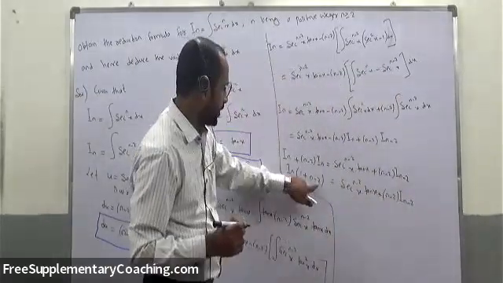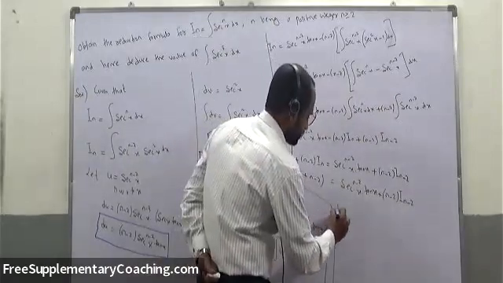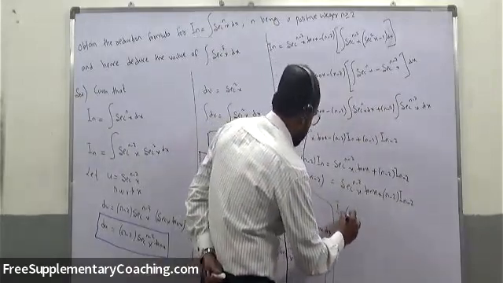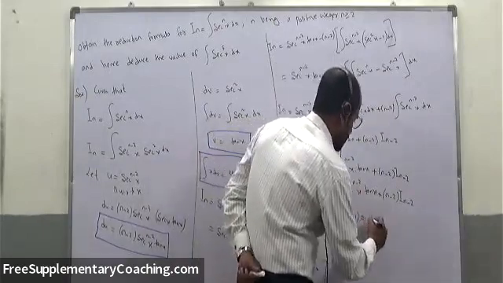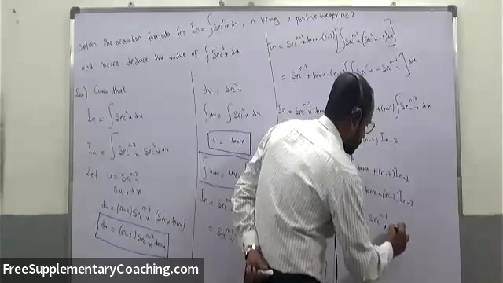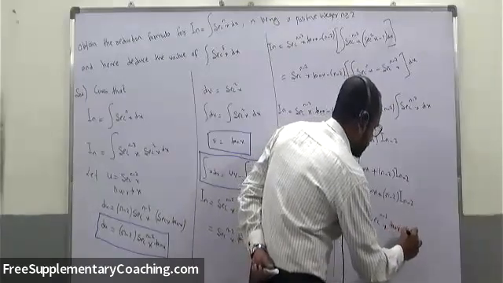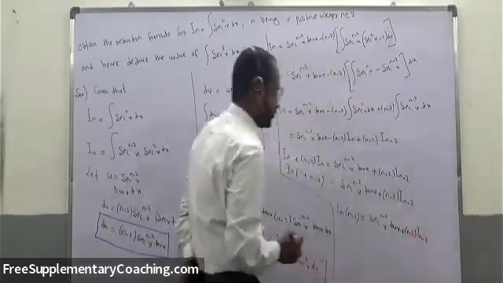So minus 2 plus 1 is minus 1. So this becomes, in the bracket n minus 1 is equal to the same terms, secant power n minus 2 x into tan x plus n minus 2 into I_n minus 2.